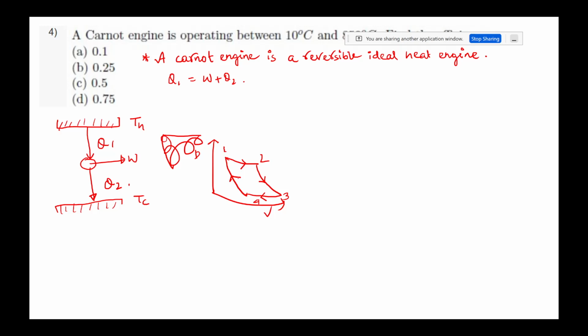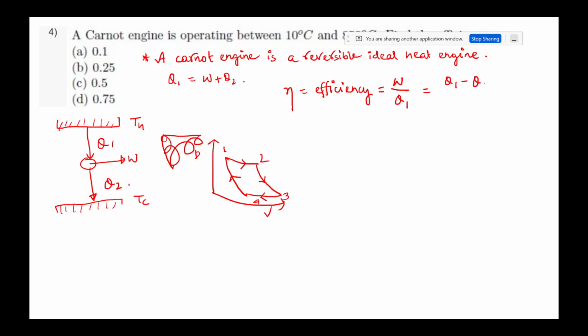Okay, now here the efficiency, this is called efficiency. Efficiency is always taken by what amount of work you get from the heat engine divided by Q1, right? So this will be W by Q1. What is W?